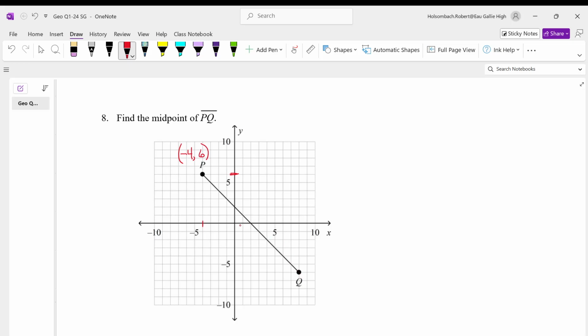Point Q is at 5, 6, 7, 8 on the x-axis, and -5, -6 on the y-axis. So we're at 8, -6.